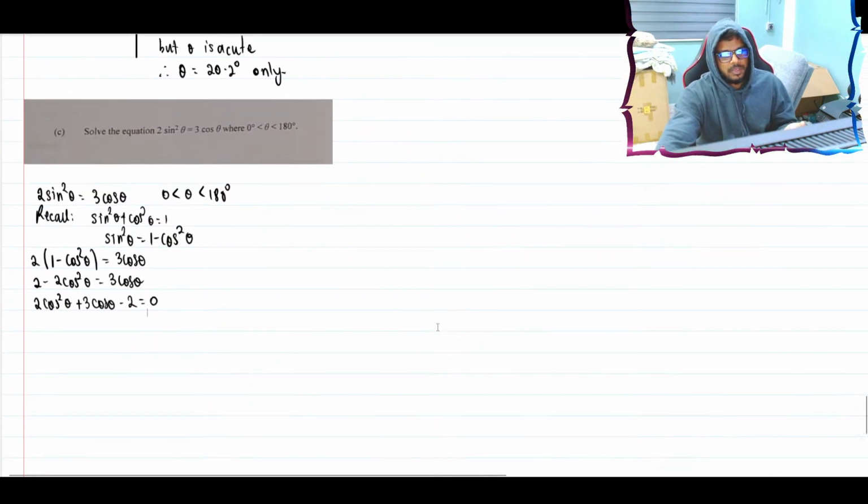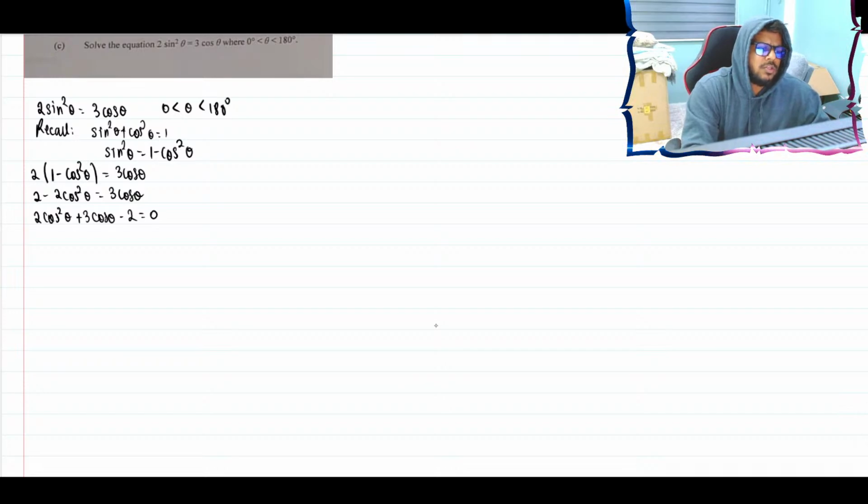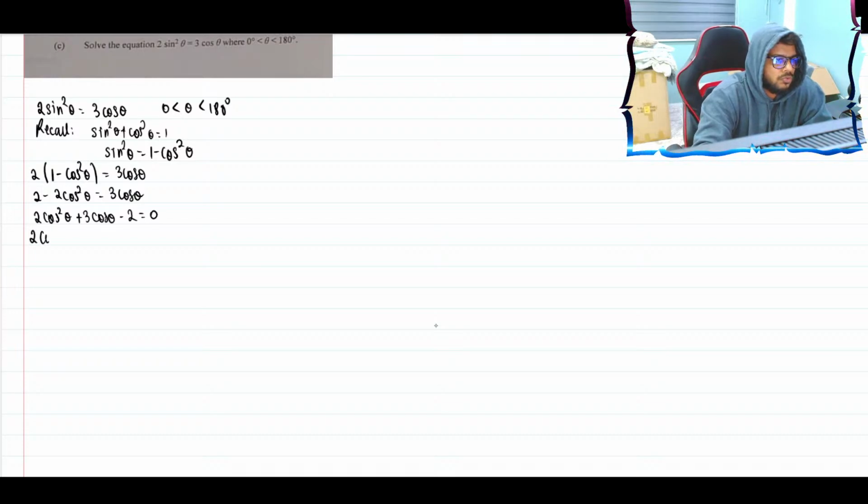Some of you will go and make a substitution here. You don't have to make the substitution here. This is just a quadratic in terms of cosine theta. 2 by minus 2 is minus 4. I'm looking for the numbers which will be 4 and minus 1. So 2 cosine squared theta plus 4 cosine theta minus cosine theta minus 2 is equal to 0.